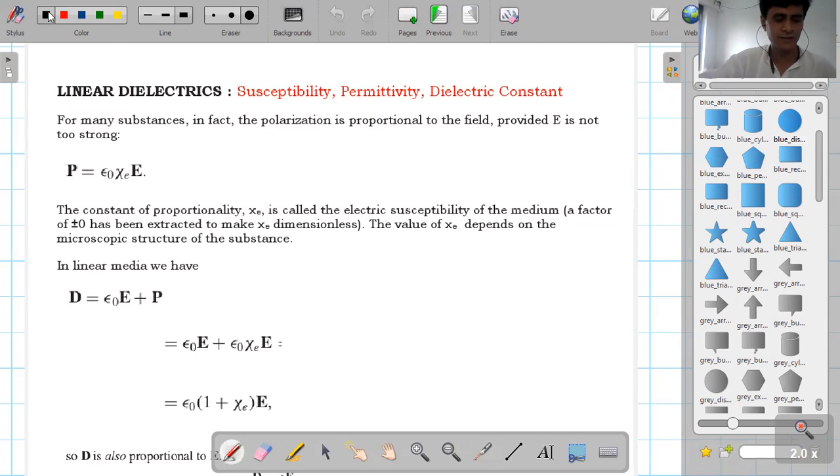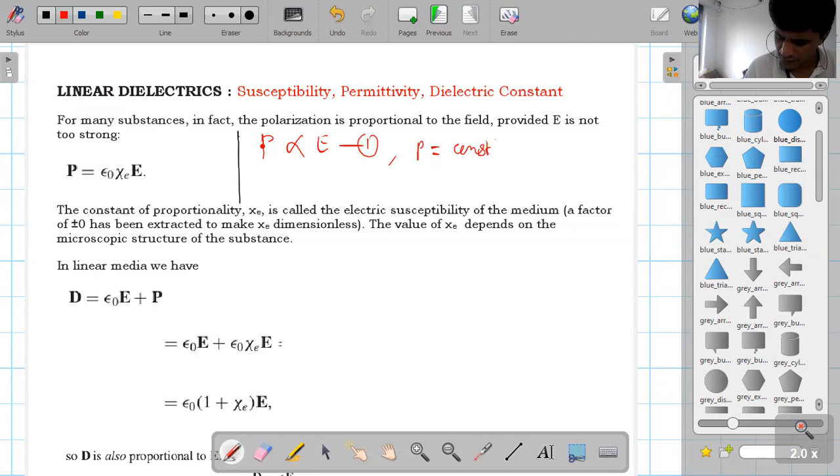Therefore, I will divide the screen into two parts. I will use a different color. So capital P is directly proportional to E, equation 1. Neglecting the proportionality sign, we can write P equal to a constant times E, equation number 2.